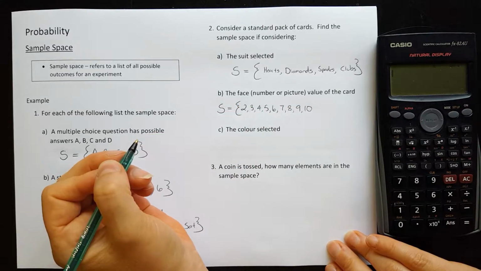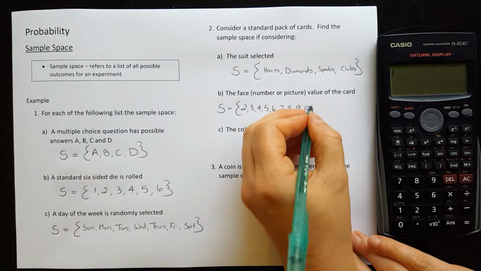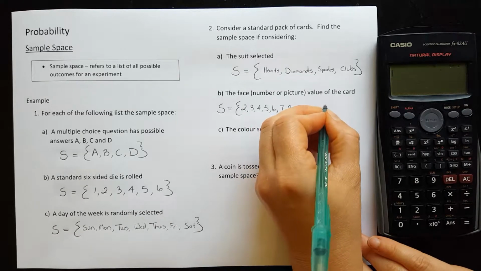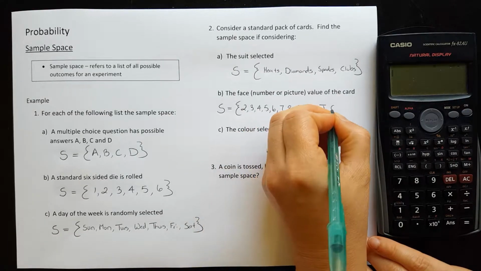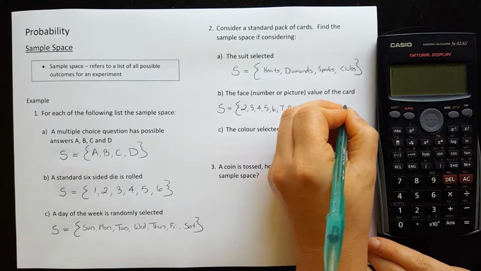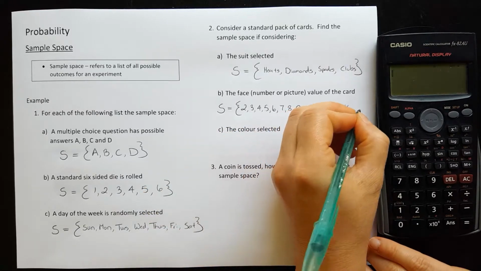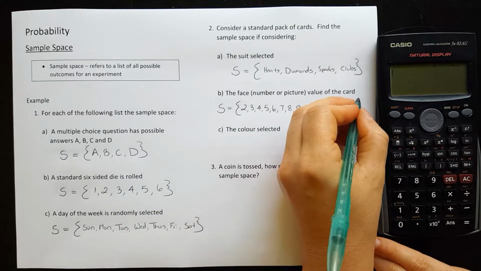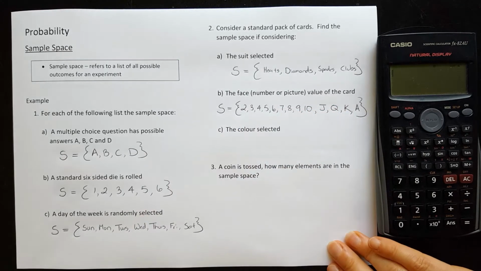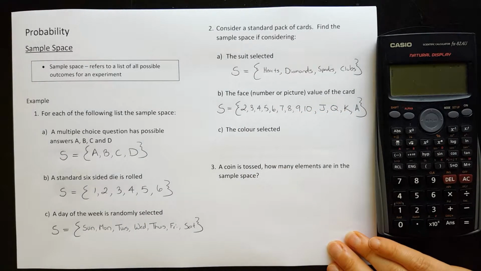That's all the numbers. And then we go into the picture cards, which are Jack, J for Jack, Q for Queen, K for King, and the Ace. So they are all the different face values that you can have on the cards.